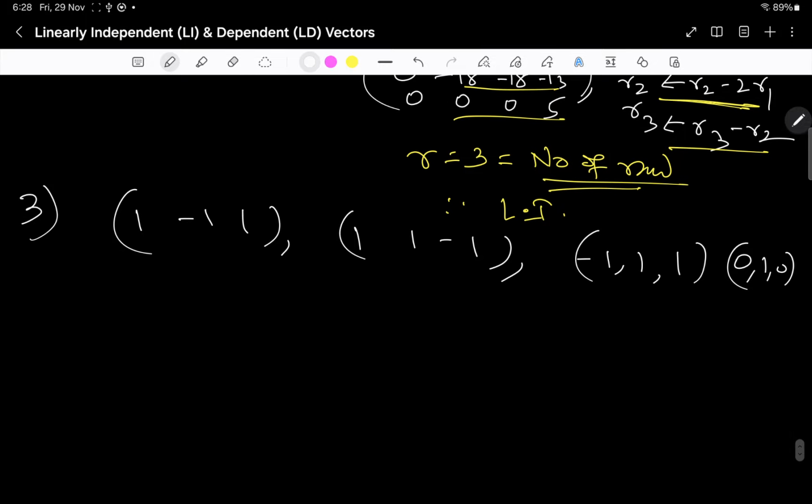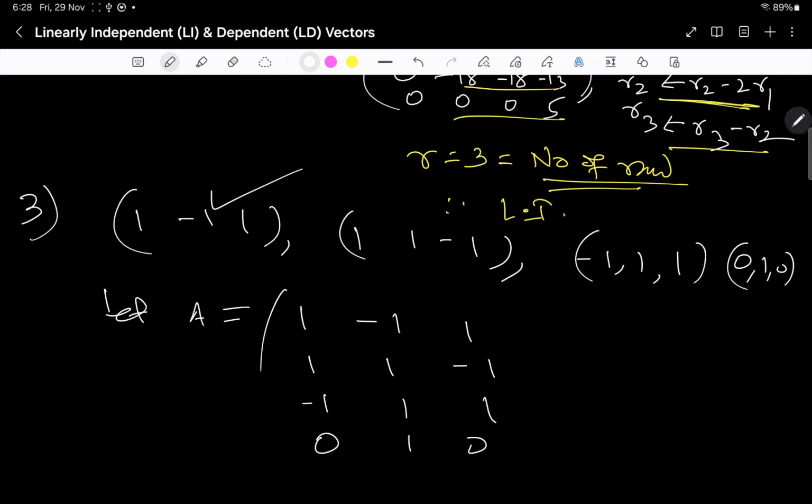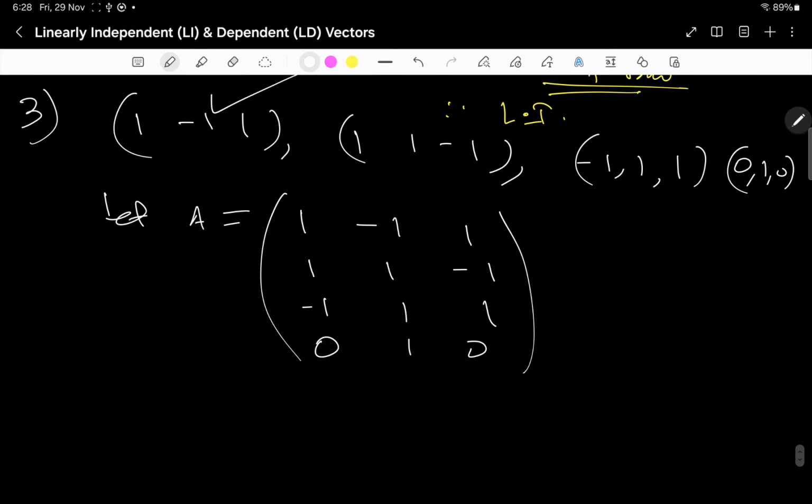If you take the matrix A with the vectors as rows, (1, -1, 1), (1, 1, -1), (-1, 1, 1) and (0, 1, 0), what is the rank of this matrix? The order of the matrix is 4 cross 3, so the rank cannot exceed 3.